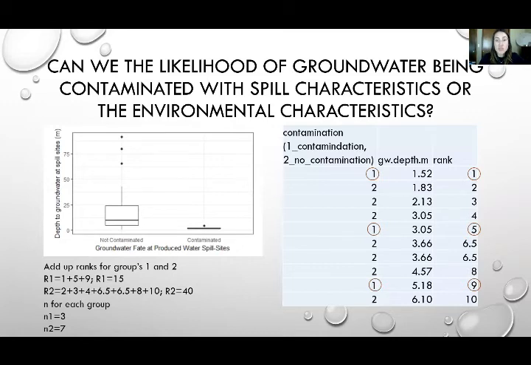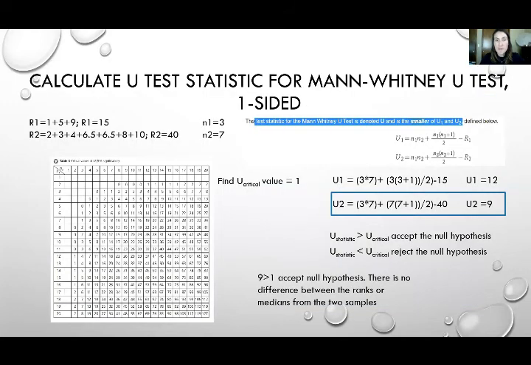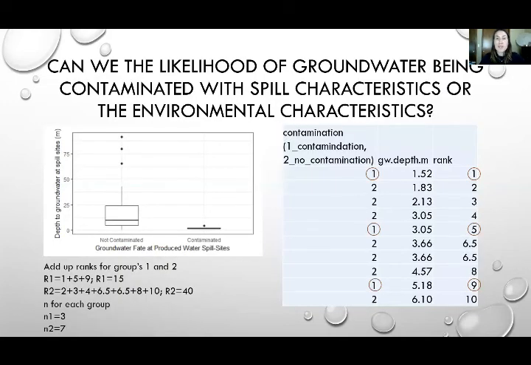This is, as you recall, your dependent variable, the depth to groundwater that we're studying. So I sorted this column from lowest to highest. You can see the lowest value for depth to groundwater in this study was 1.5 meters below the surface. And then the largest depth to groundwater within the shortened data was 6.10 meters below the surface.